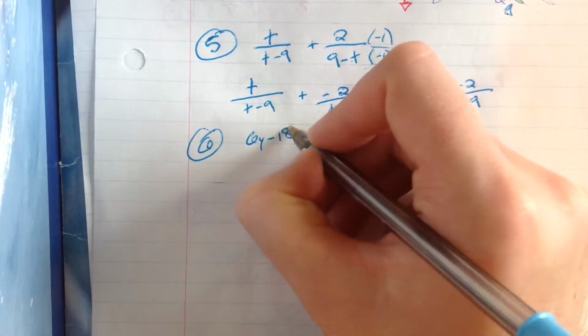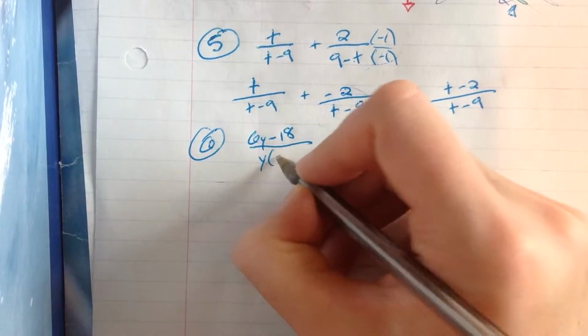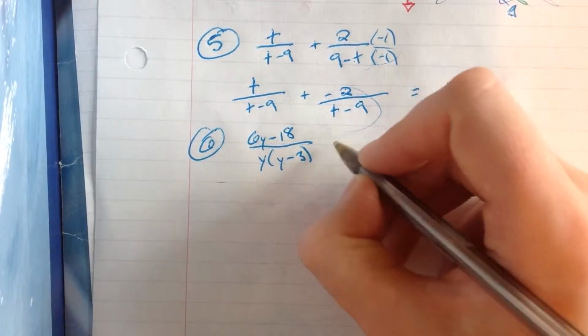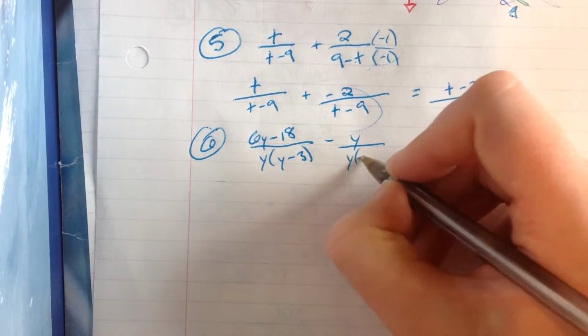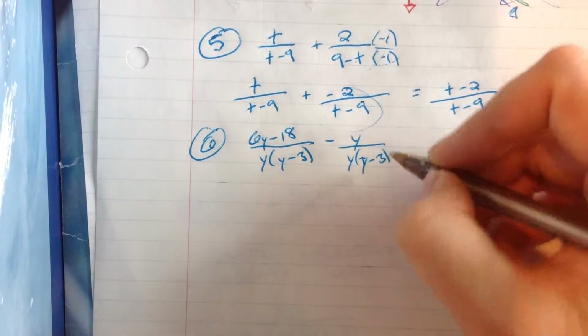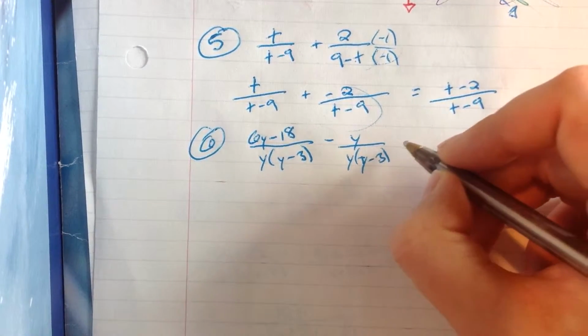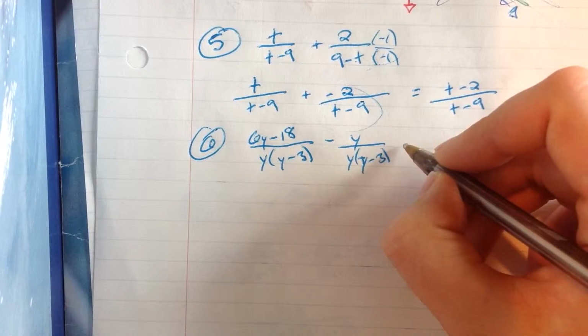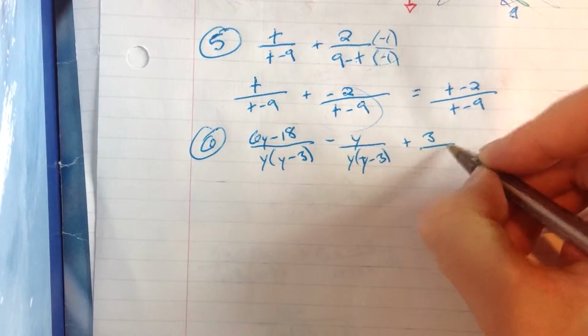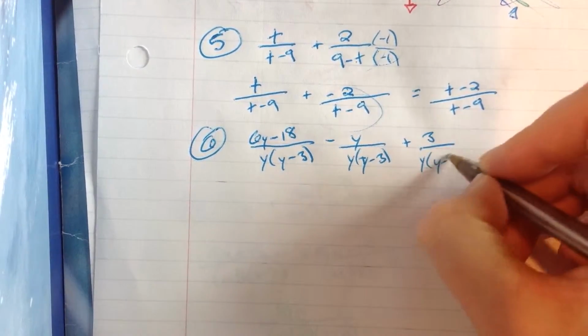6y minus 18 all over y minus 3, minus y over y minus 3, plus 3 all over y minus 3.